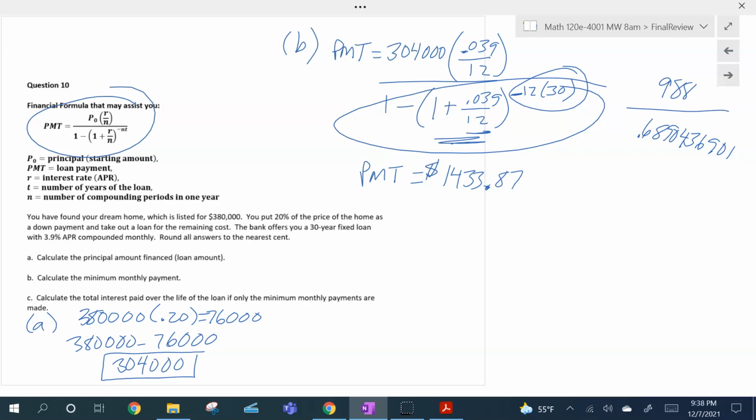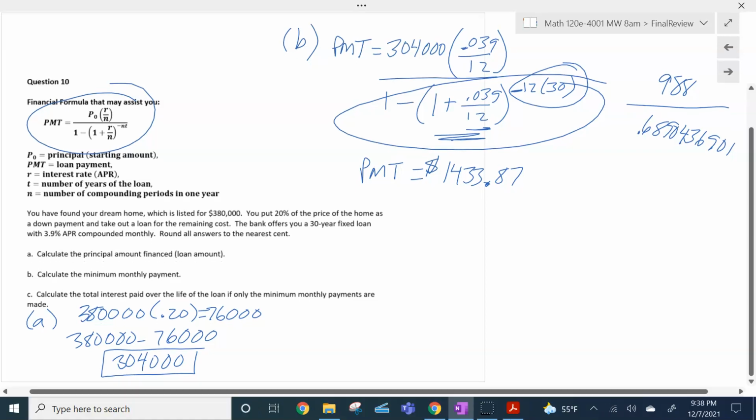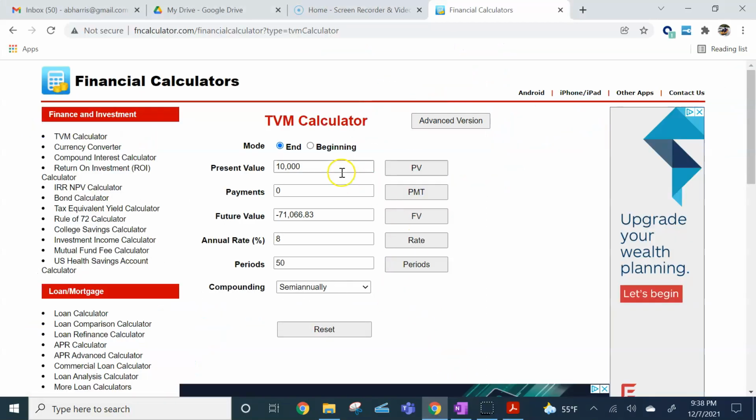Now we can do that with a financial calculator as well. Come back to part C here. Let's clear this. We've got monthly, we're doing this for 30 years, 12 times a year, 30 times 12, 360. The rate is 3.9% on this loan.